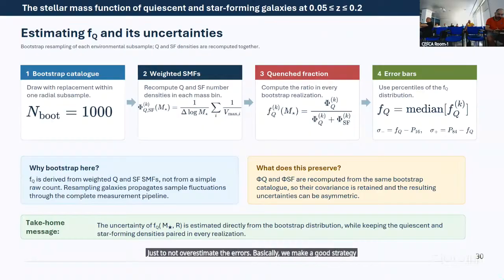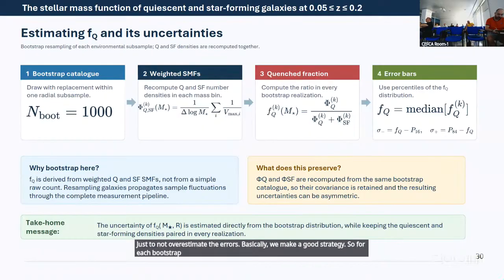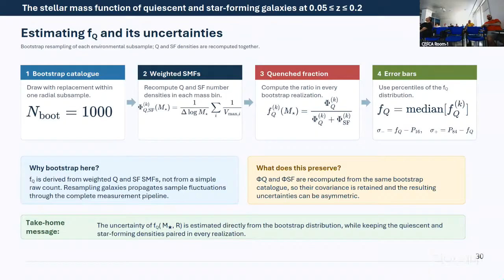For each bootstrap, we compute the number density for each population, we compute the quenched fraction, and the estimate for our case would be the median of the bootstraps. This is also not to overestimate the quenching fraction, because the number densities are basically covariant.